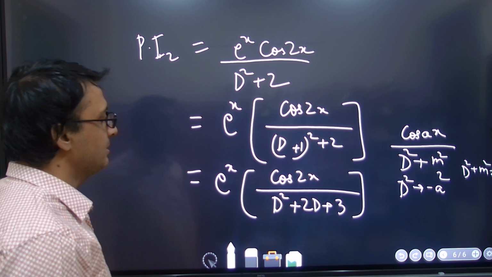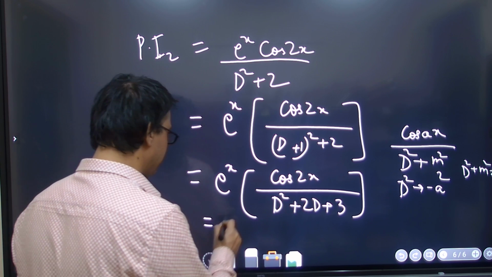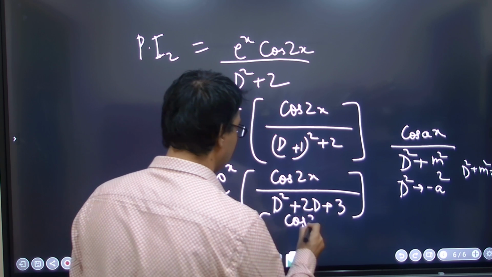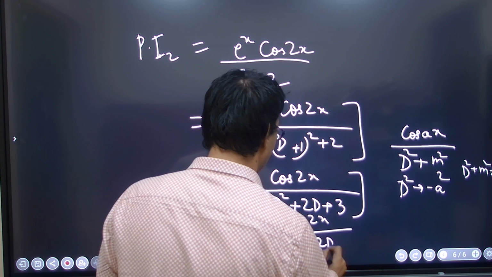So e to the power x cos 2x. Now if you would further simplify this, e to the power x cos of 2x upon minus 4 plus 2D plus 3.